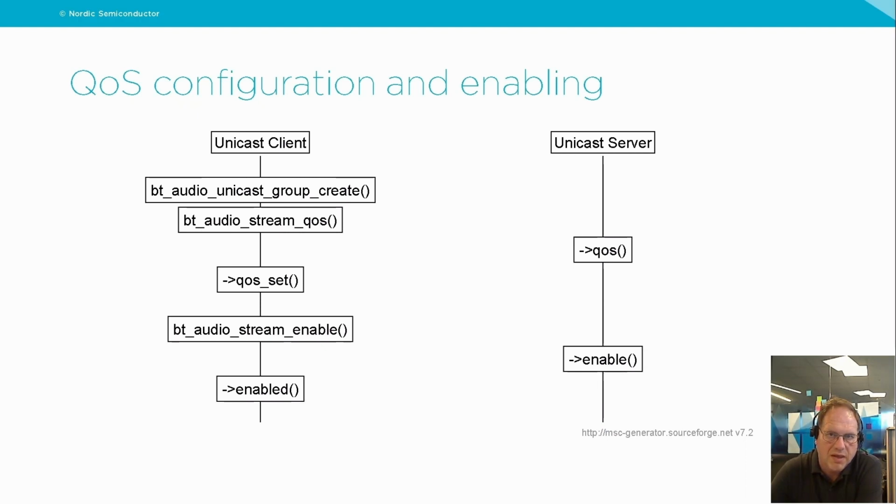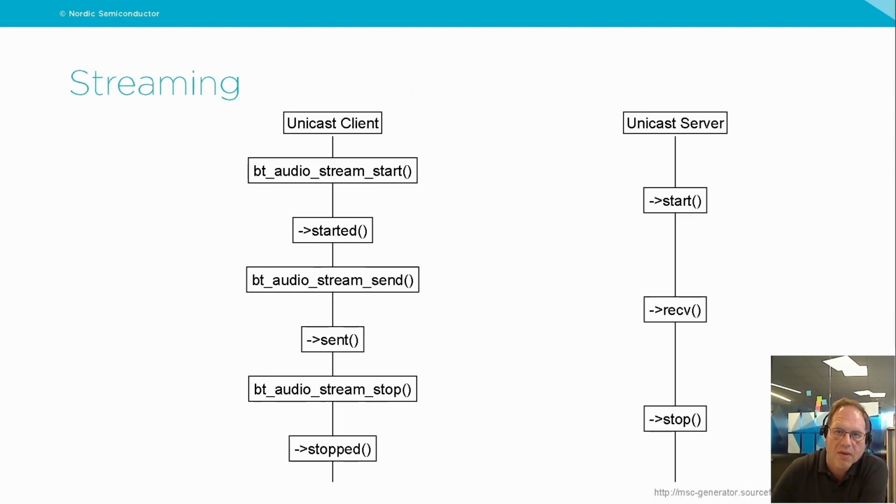After which the client can do the audio stream enable, which basically is telling the server that the client is committed to these settings. So again, callback on both sides. At this point, we are ready to start the streaming.